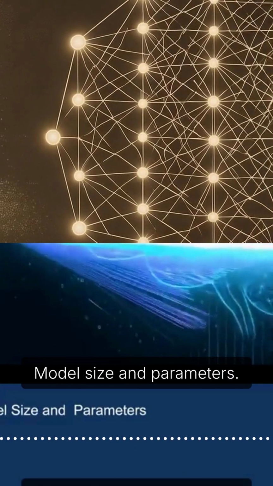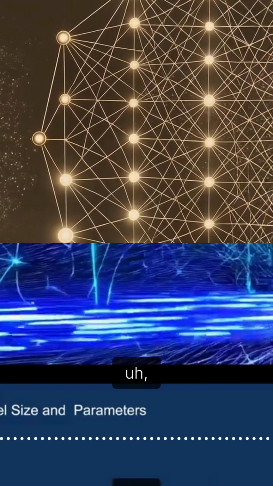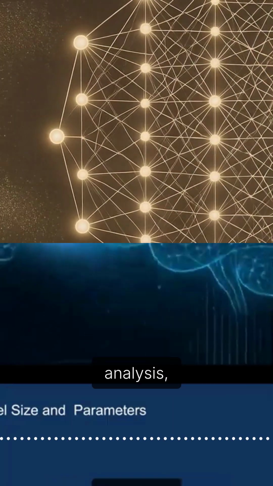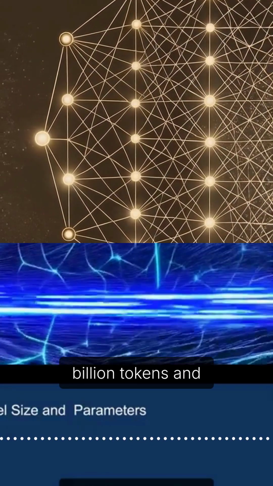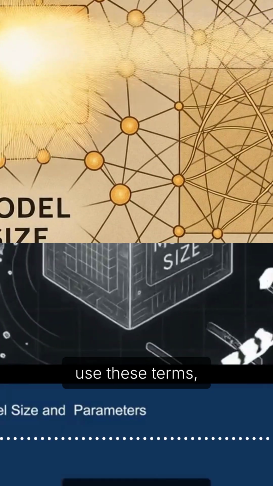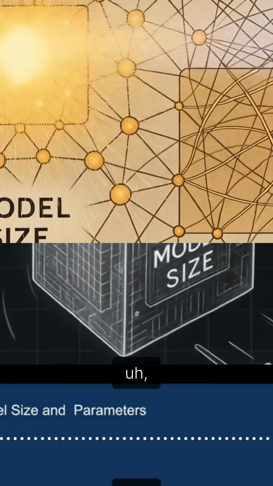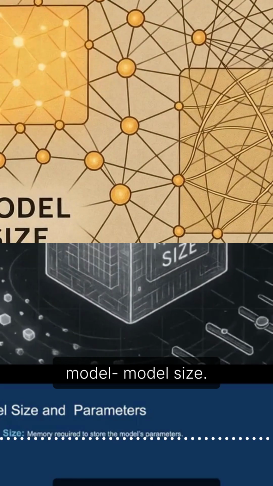Model size and parameters are important to understand, along with how the model size is calculated. This is a comparative analysis, not to be specific: BART uses 3.7 billion tokens and 240 million parameters. So we use these terms, tokens and parameters, to understand the model size. First of all, model size.